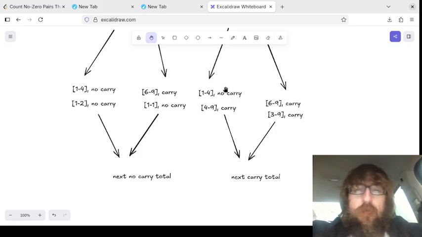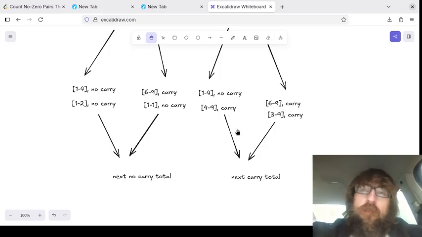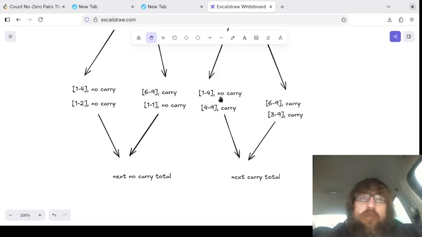I think 24 ways that this could happen. I've got to double check exactly what these numbers are. I probably should write it down. But something like 50 or 60, somewhere around there, for the next carry total. But those values will then be used for the next iteration, right?